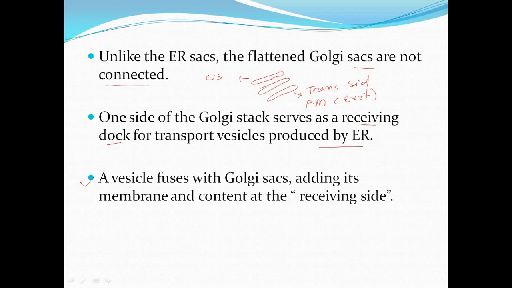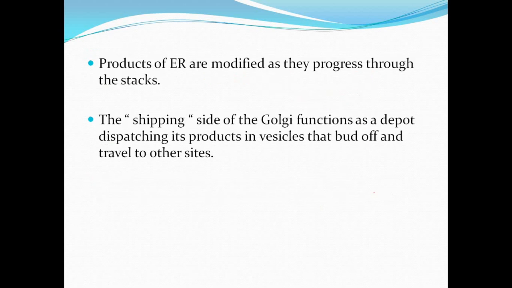The vesicle fuses with Golgi sacs. This is the vesicle, adding its membrane and content at the receiving side. Content means the proteins and lipids. That's why the vesicle integrates into the Golgi sacs. Products of the endoplasmic reticulum are modified as they progress through the stacks.